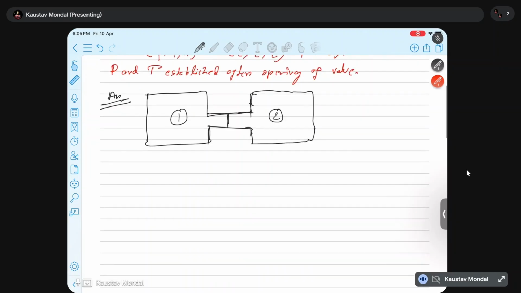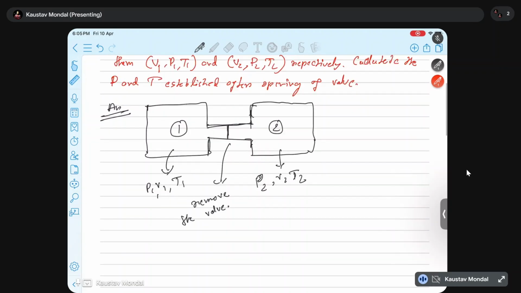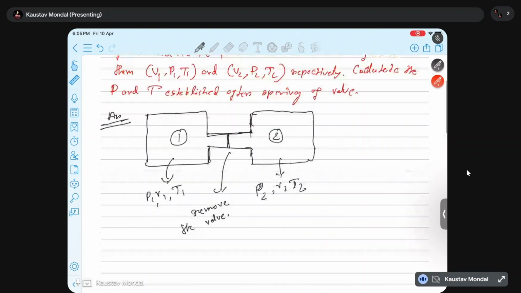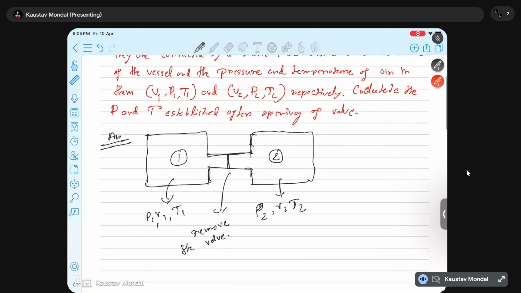So the pressure, volume and temperature inside vessel 1 are P1, V1 and T1, and inside vessel 2 are P2, V2 and T2. Now when you open the valve inside this tube, what will happen? Both these two gases will be mixed with each other, right? So for the total mixture, you have to calculate what is the pressure and temperature.